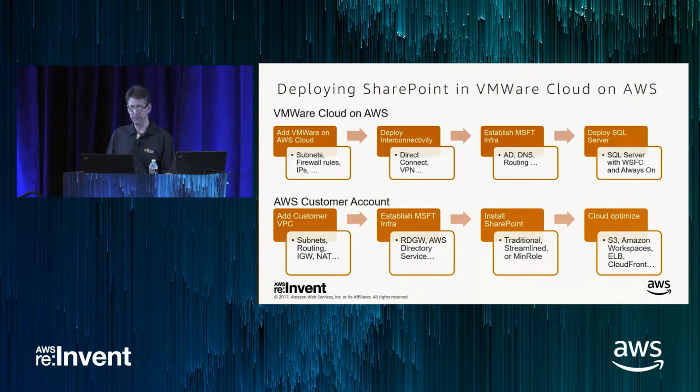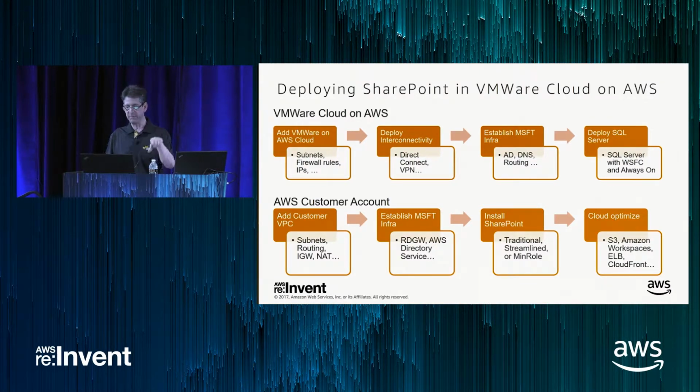Once it is provisioned, you would carve up your VPC into subnets, create your firewall rules, define your overall IP ranges, and get your basic networking infrastructure in place. Then you would set up basic interconnectivity, and I'll show you how Direct Connect and VPN come into play.